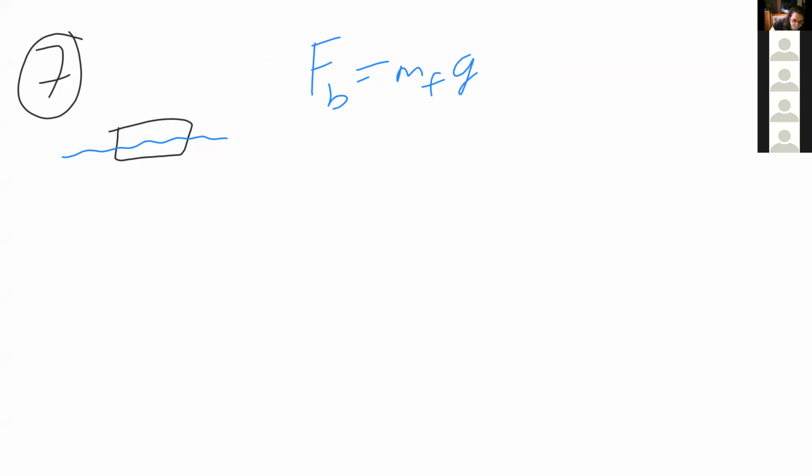I see. Okay. Yeah, so we have a buoyant force. The buoyant force is going to change, of course, because as you push the block further and further under the water, the mass of the fluid that is displaced by the block increases because more and more volume of the block is underneath the water.